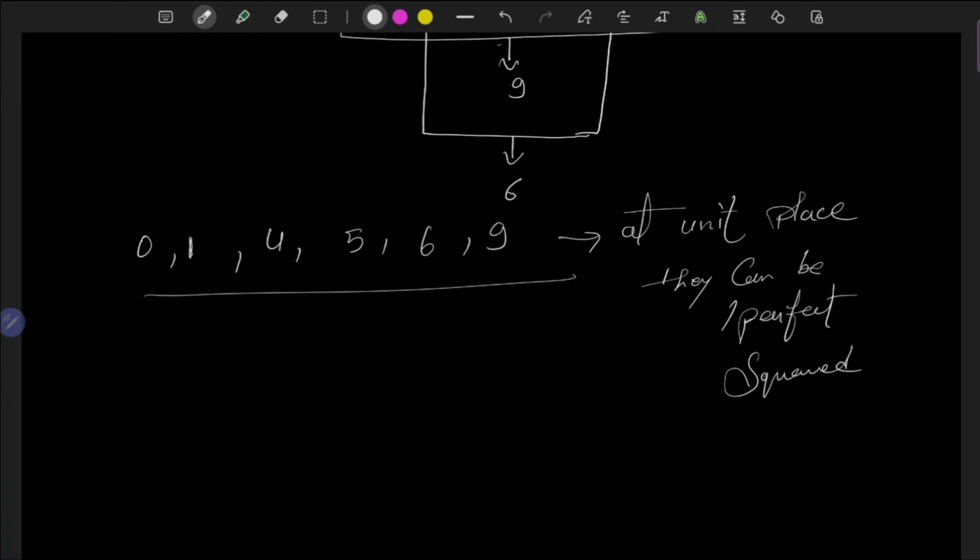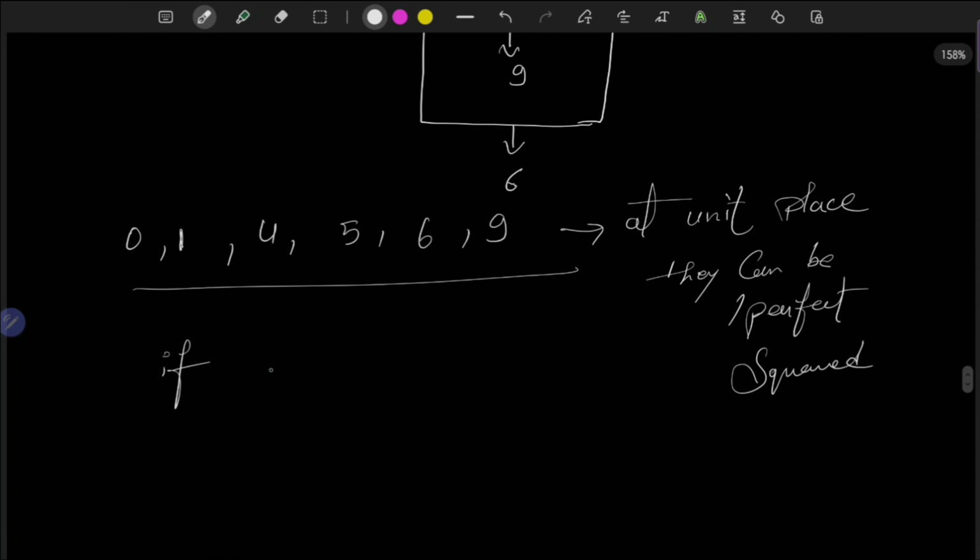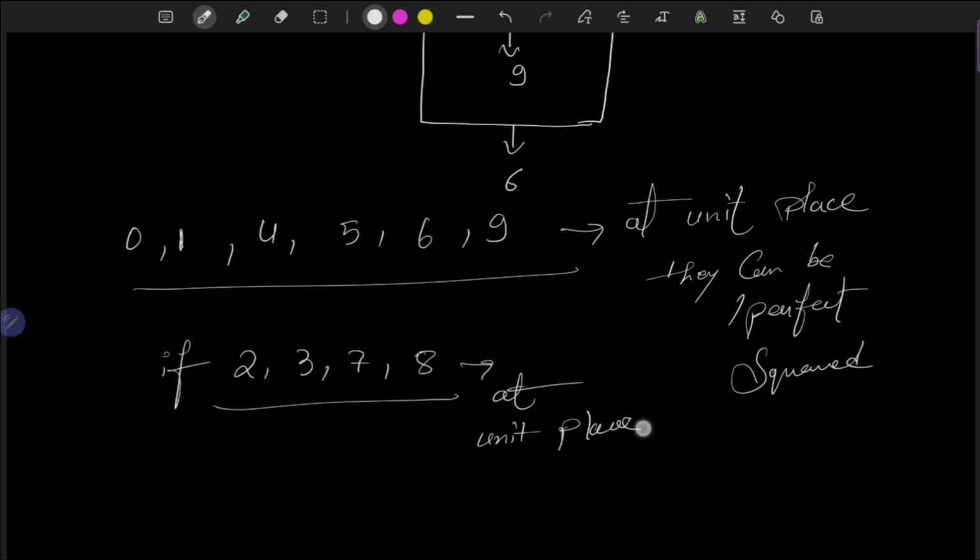But if these are not there, if 2, 3, 7, 8 is there at unit place, then it's not a perfect square.